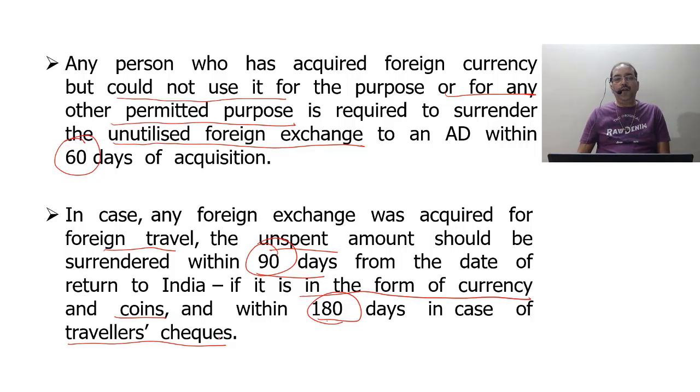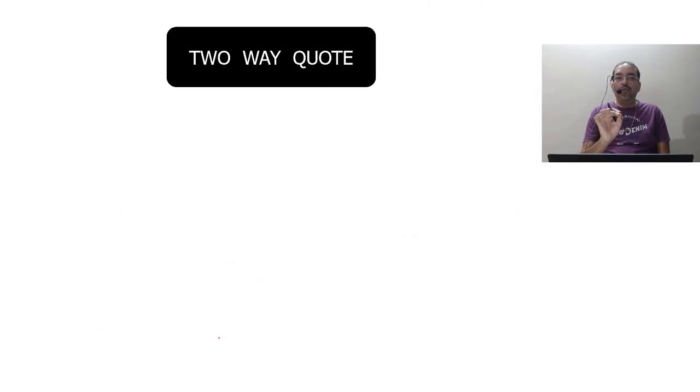Let us come to now something called a two-way quote. Now, why is it called a two-way quote? Let us try to understand. I am an importer. I've imported certain raw materials from US and I have to pay in dollars.